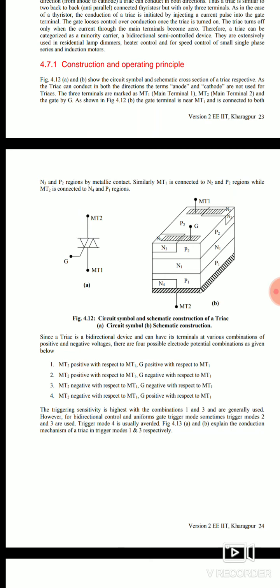In this operation, the two junctions P1, N1 and P2, N2 are forward biased, whereas junction N1, P2 is blocked. The triac is now said to be positively biased. And a positive gate with respect to terminal MT1 forward biases the junction P2, N2 and breakdown occurs as in a normal SCR.